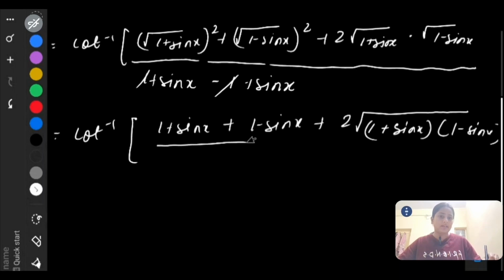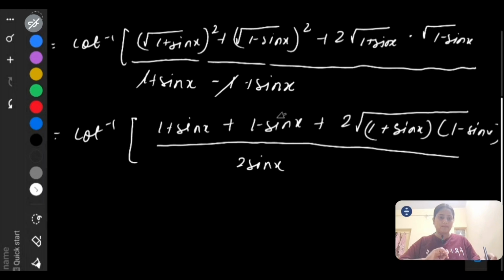And in the denominator, we'll take 2 sine x, right?